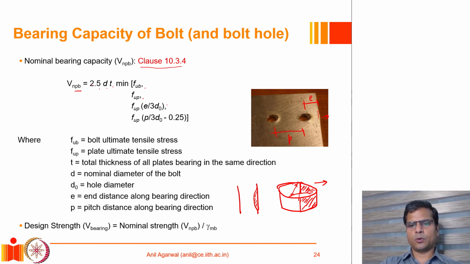Again, this will be the nominal strength; n stands for nominal strength in bearing. The design strength will be equal to the nominal strength divided by gamma mb, again the material factor of safety for bolted joints.